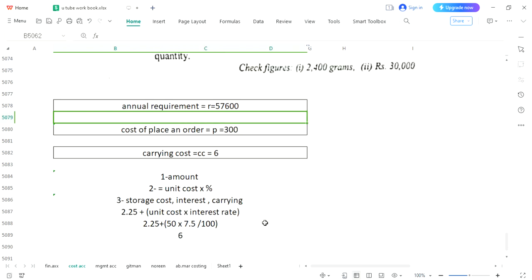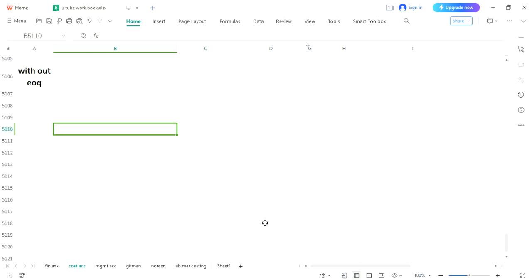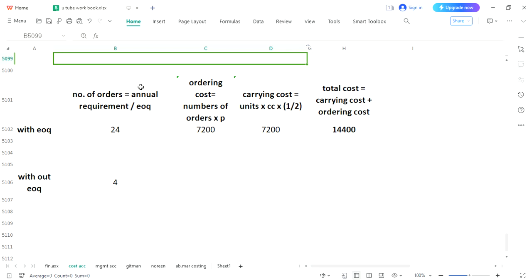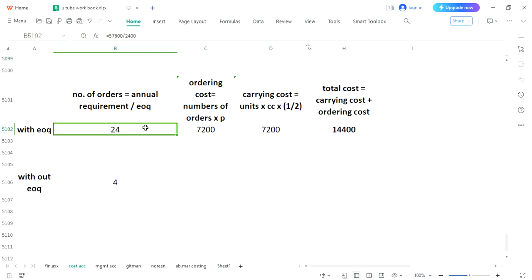Here the number of orders is 4, which is mentioned in the question, and we do not need to calculate it. Please note it down: in the presence of economic order quantity, we calculated the number of orders by dividing the annual requirement by the economic order quantity. But in the case of without economic order quantity, it was mentioned that the number of orders was 4.